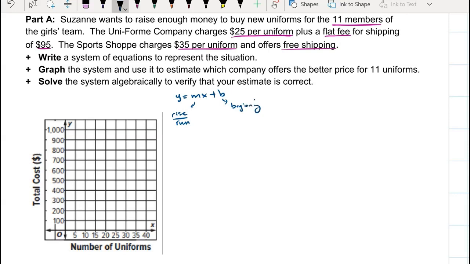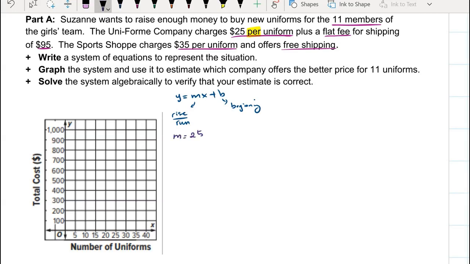Okay, so matching that information with our scenario, our story, we can see that the Uniforme company charges $25 per uniform. So the slope is $25, m is 25.